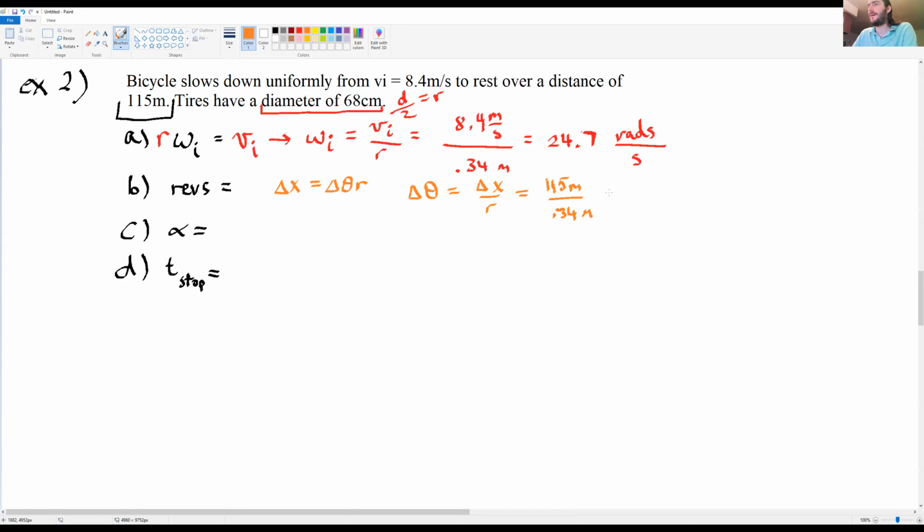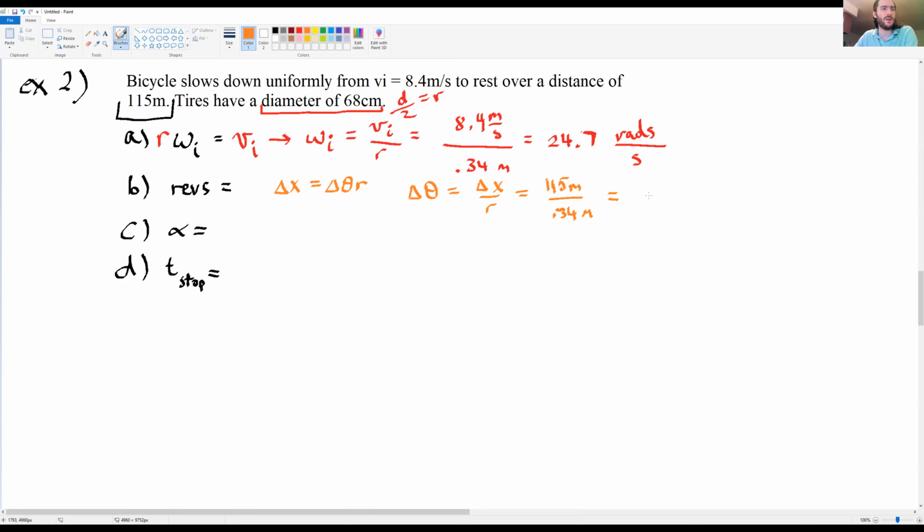Right? And then once we get this answer, again, we have meters divided by meters, but it's an amount of translation in the x direction, which is related to the amount that we go around a circle. That's kind of like a circumference, not exactly, and then divide that by the radius of the circle. So that's going to be a measure in radians, okay?